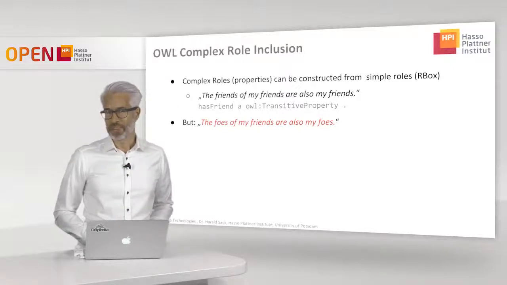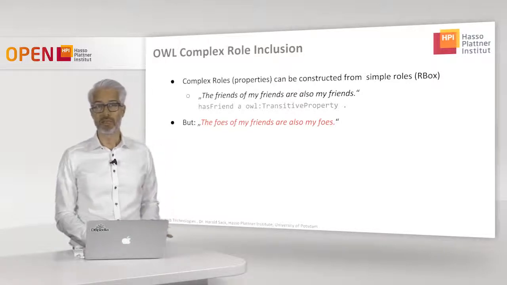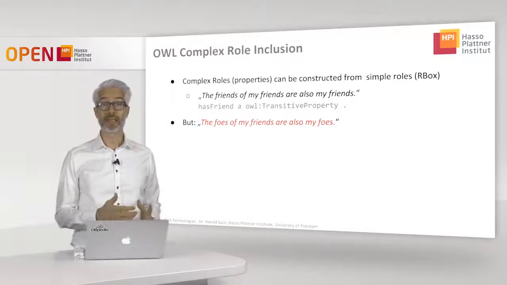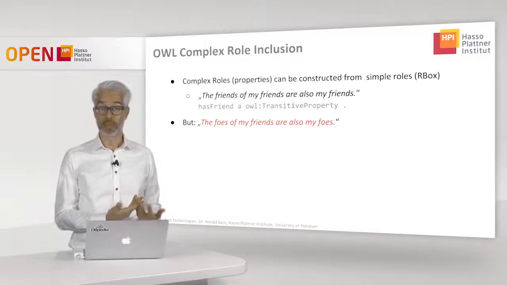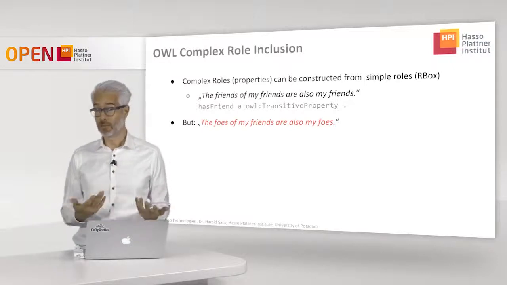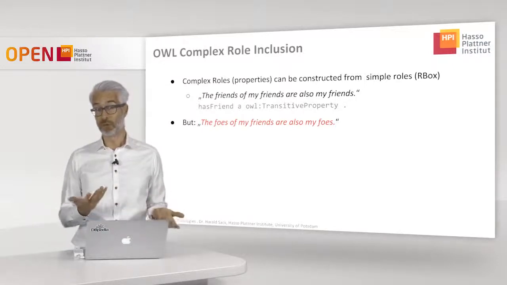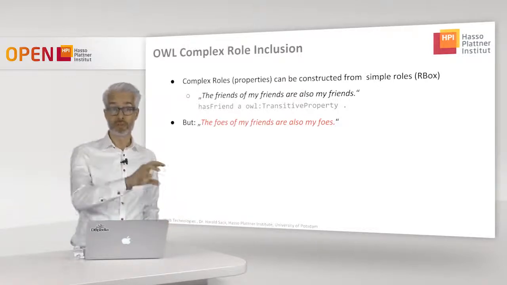Now, that cannot be expressed with the means that we have right now at hand in OWL. So therefore, we must have something with which we can construct a complex role or property to be a foe from foes and friends.